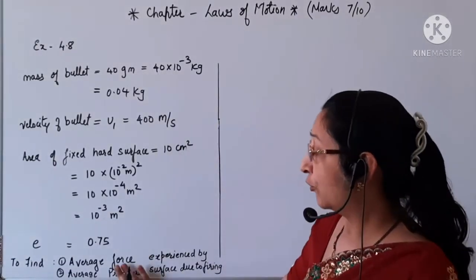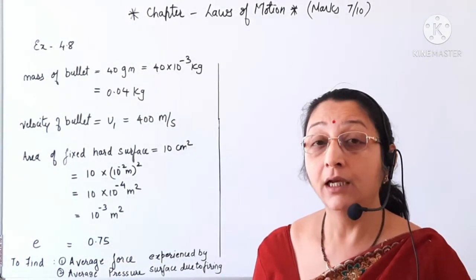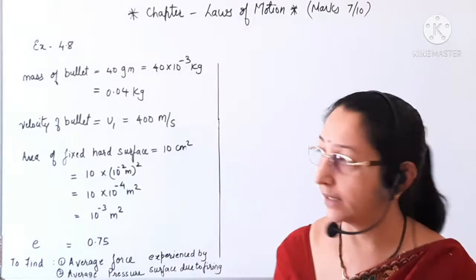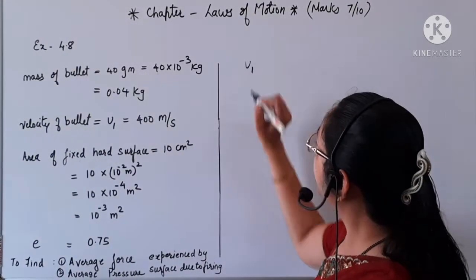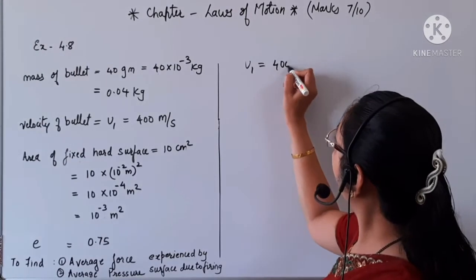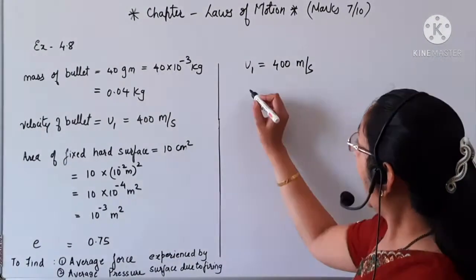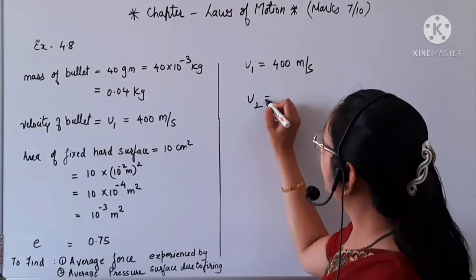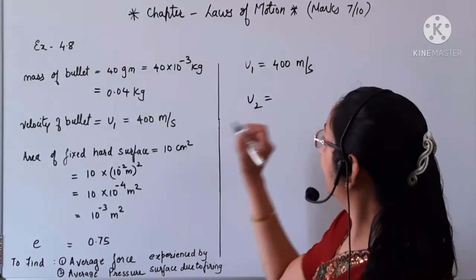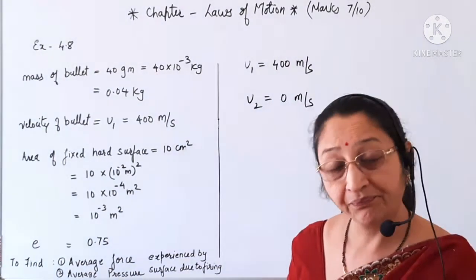Now, before finding the force and the pressure, we will find the rebound velocity of the bullet. We know that u1, the initial velocity of the bullet, is 400 meters per second. And u2, the initial velocity of the hard surface, is 0 meters per second because it is very hard.